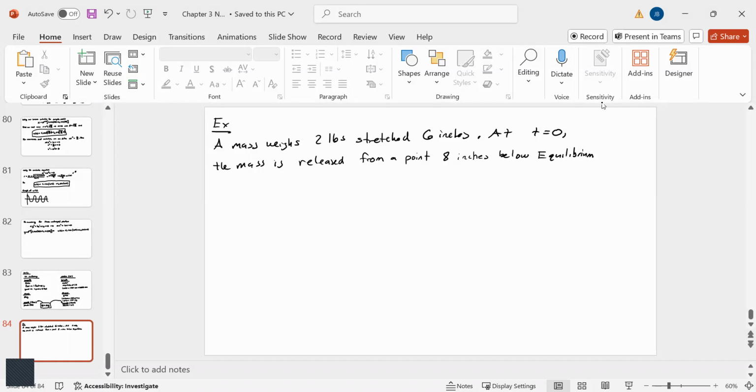Below equilibrium with an upward velocity of 4/3 feet per second. Find the equation of motion.